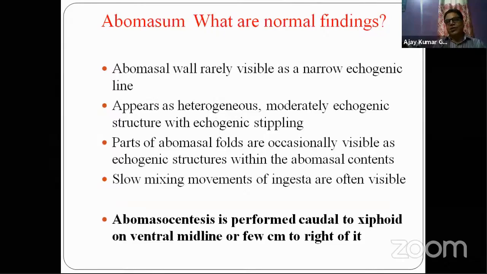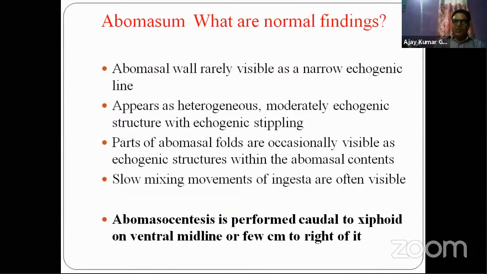What are the normal findings in case of abomasum? In case of abomasum, either you will not detect its wall, or it will be visible as a very thin, narrow echogenic line.